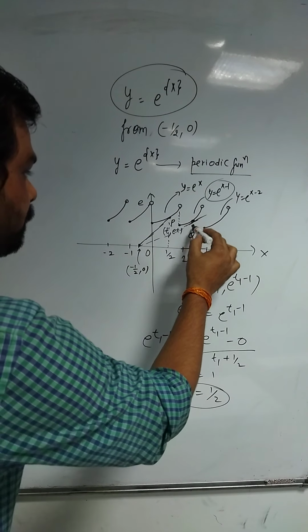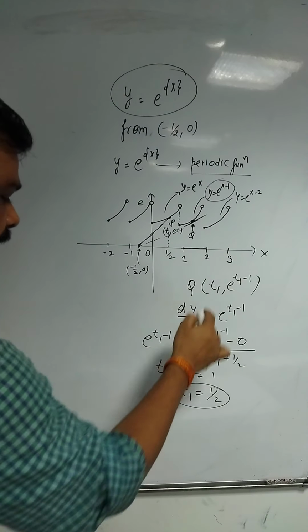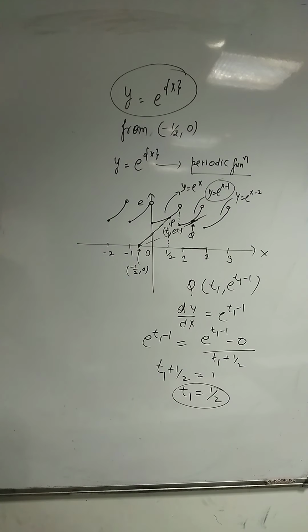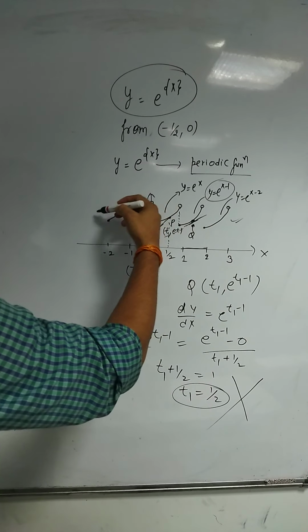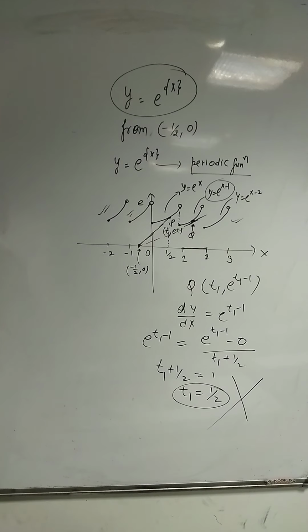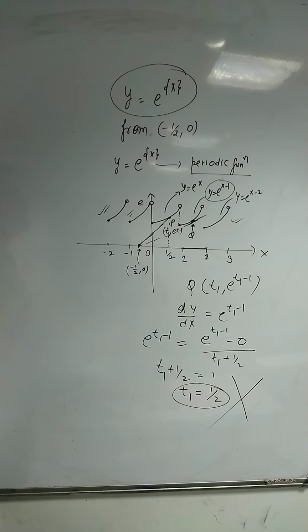But for point Q, t1 should be between 1 and 2, but it is coming t1 is equal to half. So this is not a possibility of a tangent. So for these further curves, no tangent exists. Only one tangent exists in this situation.